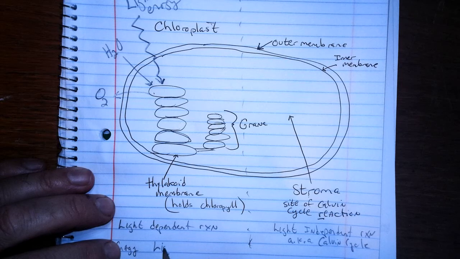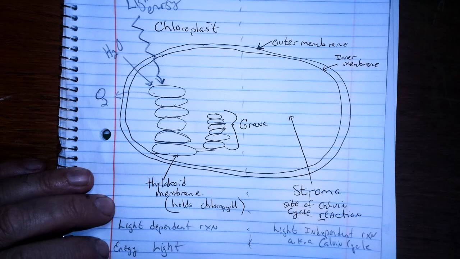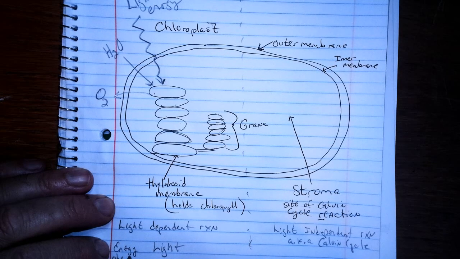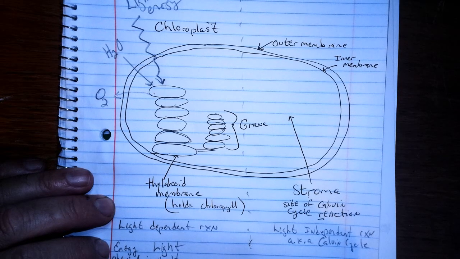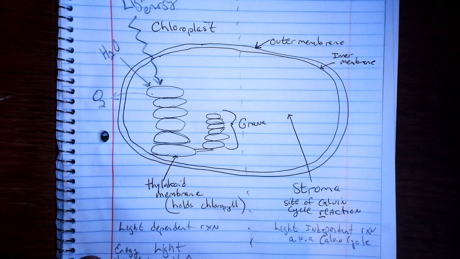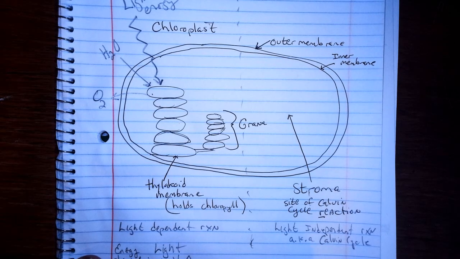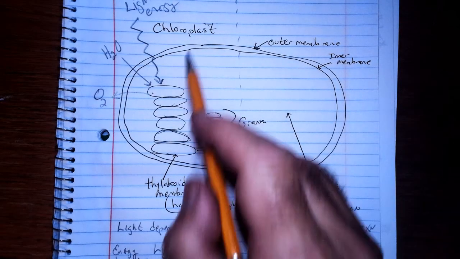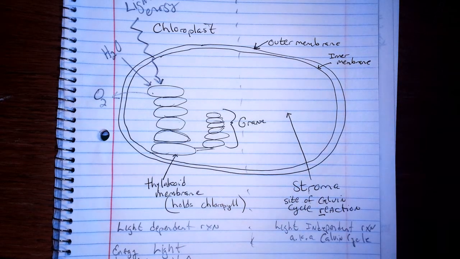Our chemical input is water. Our output is going to be O2. All that happens in the light reaction of photosynthesis.